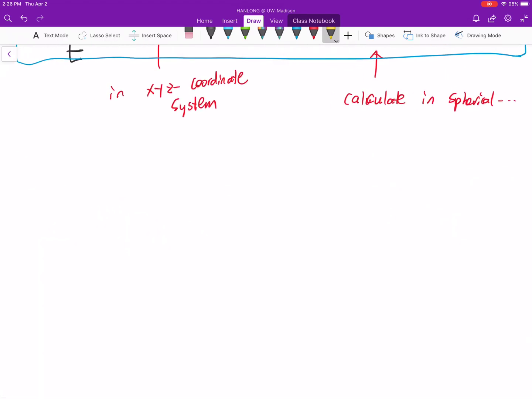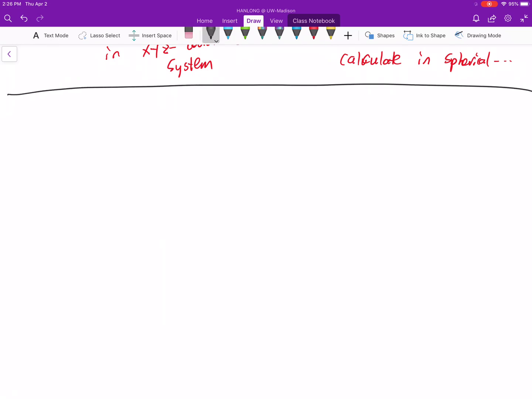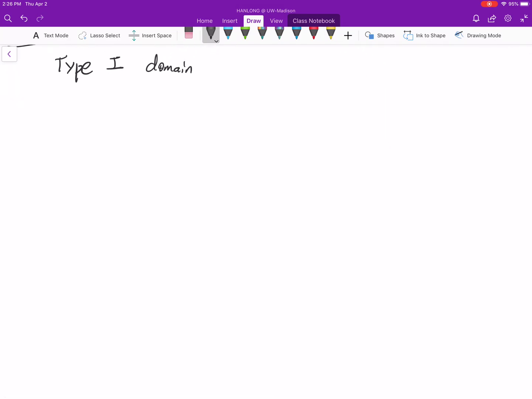I will first give you some applications, then at the end I will give you another way to calculate without using too much geometry. Actually, we don't use any geometry for that method. In reality, sometimes we want to consider a little bit more general domain than a cuboid in spherical coordinate system.